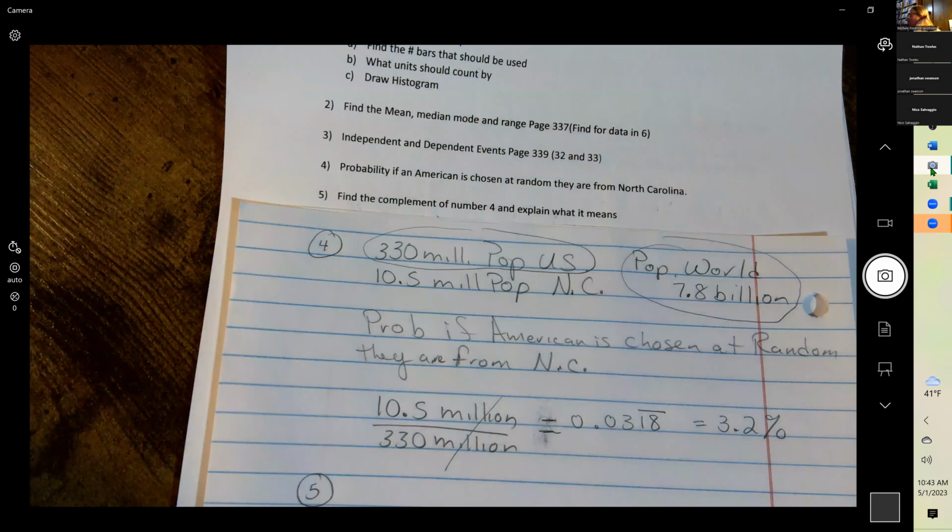Find the complement of number 4. How do you find the complement? What is the complement? The complement is everybody else.